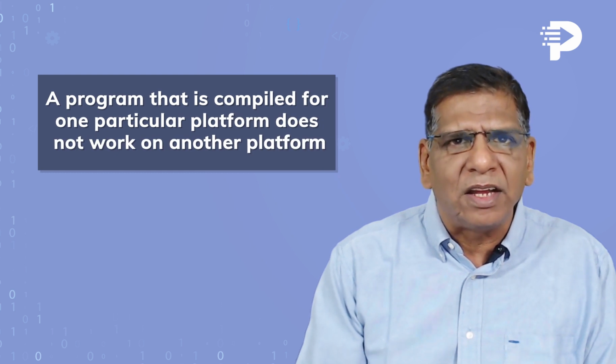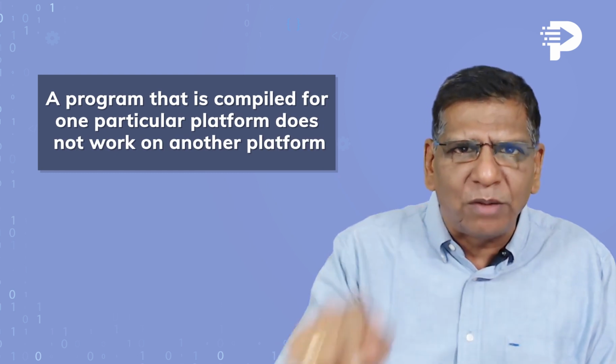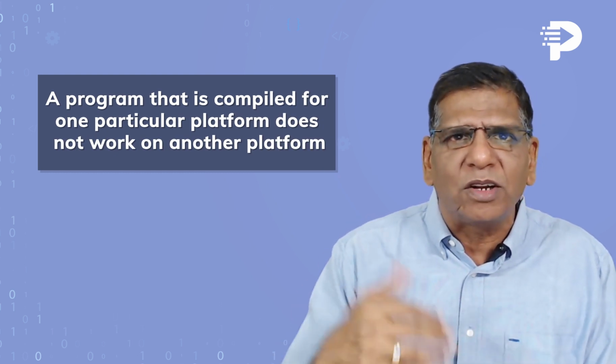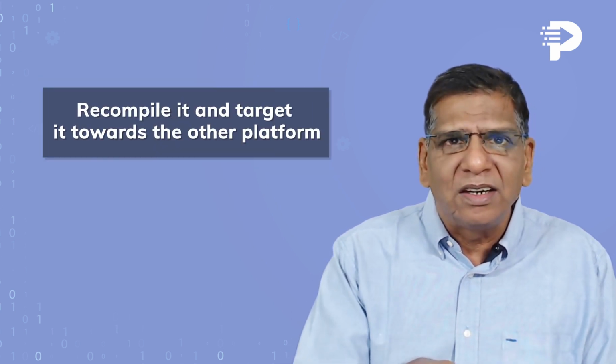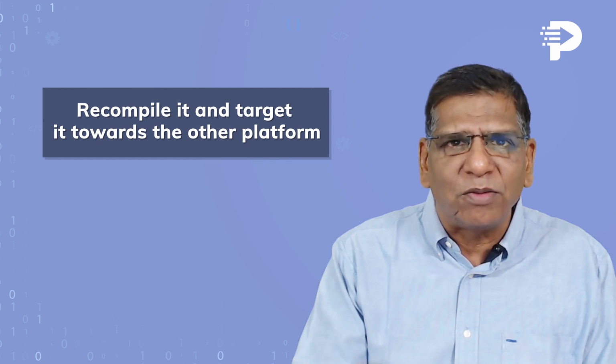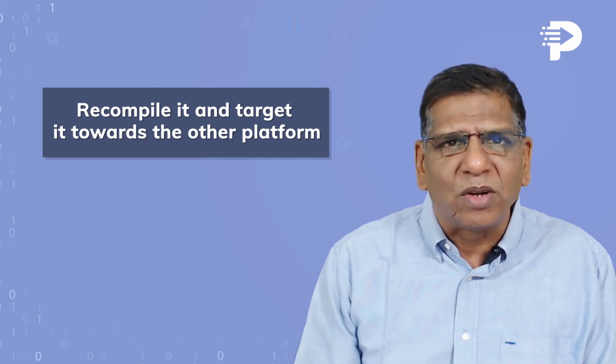That is the reason why a program that is compiled for one particular platform does not work on another platform. You have to recompile it and target it towards the other platform, then only the program would work. Means you write the program once but compile it for different platforms multiple times. Each time a new platform is there, you will have to compile it for that particular platform.